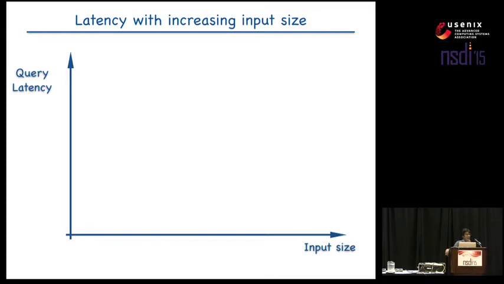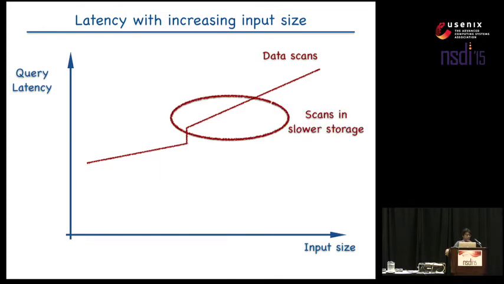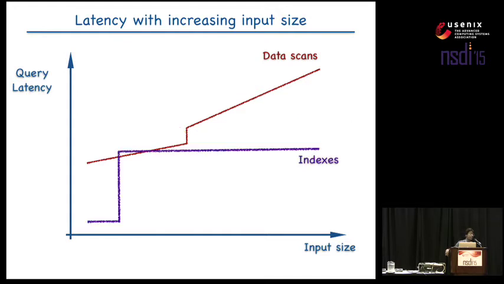If I look at data scans, for the first part you are going to scan in faster storage as much data as you can fit. It's slow, but it's not too bad. Then you go to slower storage, and your curve changes, your overhead starts increasing. Indexes, on the other hand, are extremely good when you can store indexes in faster storage.